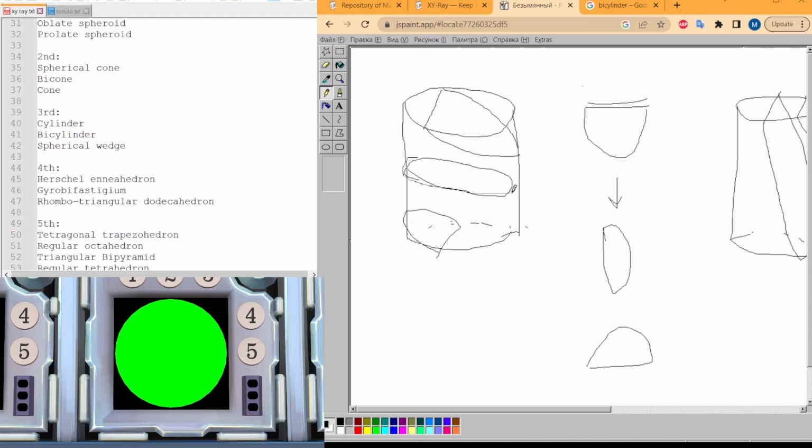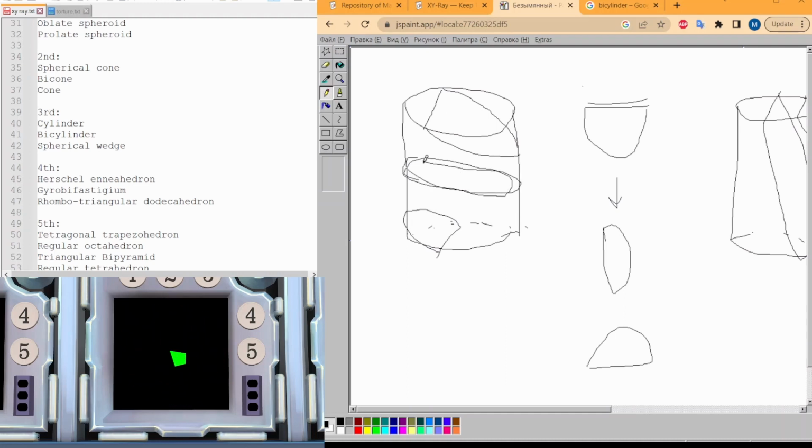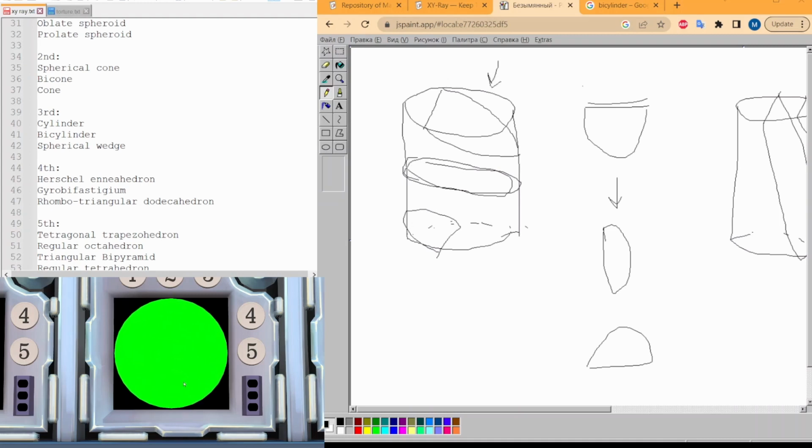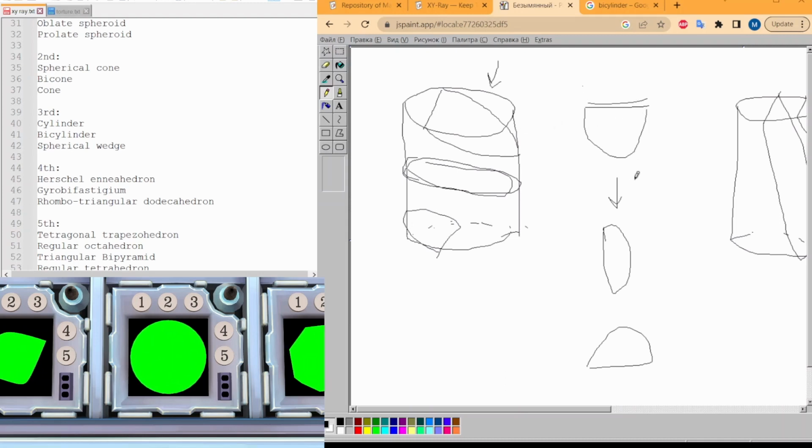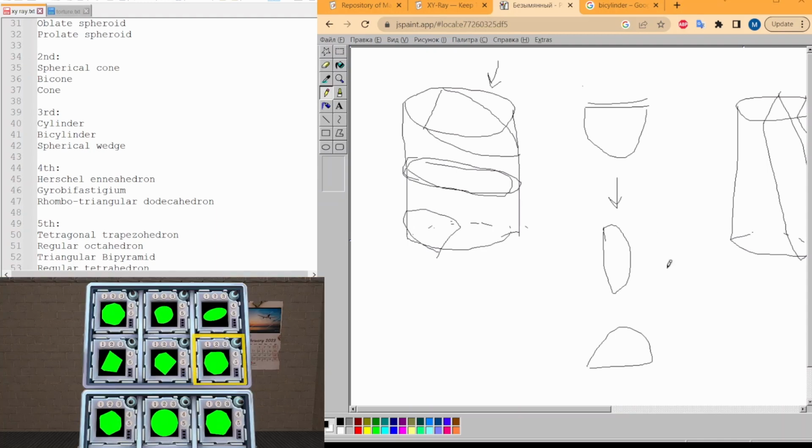I think it's close to an oval. In this case, it was almost a circle, which means the scanner goes almost at the top. Yeah, like that. First it goes this, then this, then this. Okay, that's it for cylinder.